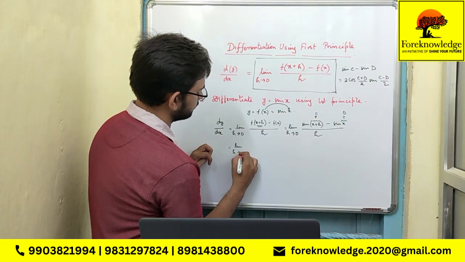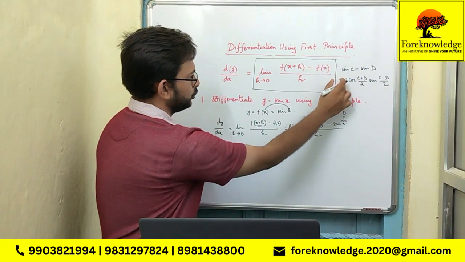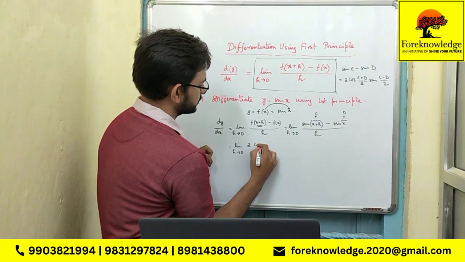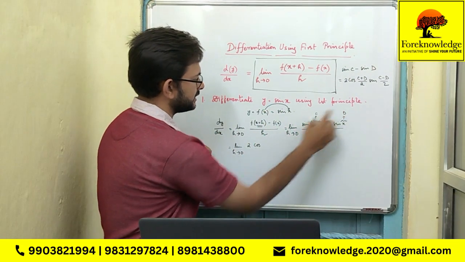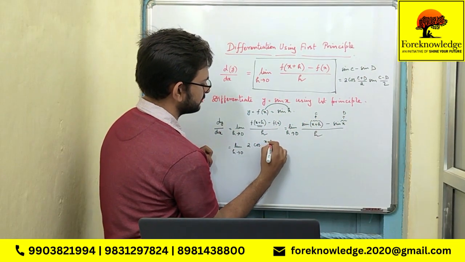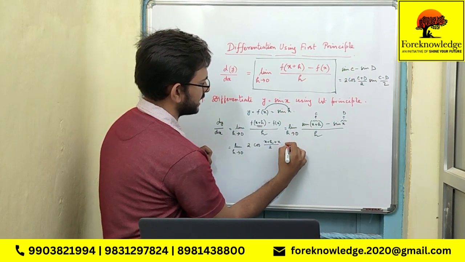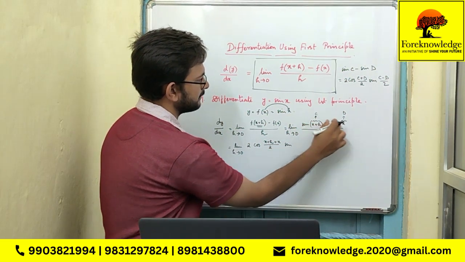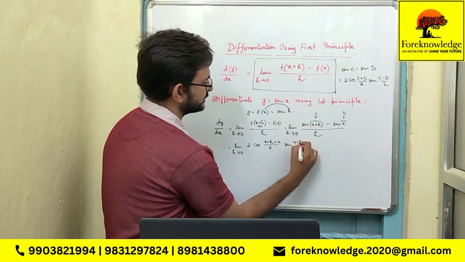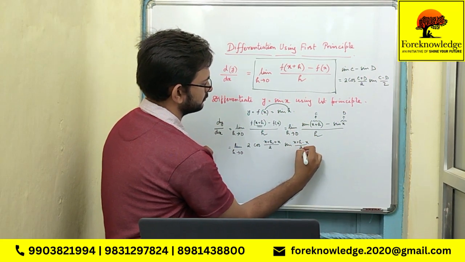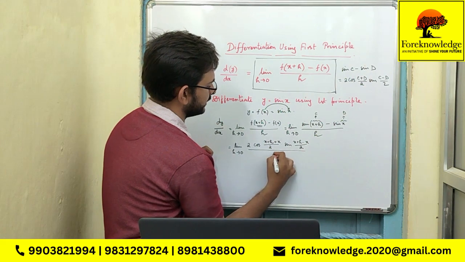limit h tends to 0, 2 cos (c plus d)/2, that means (x plus h plus x)/2, into sine (c minus d)/2, that is (x plus h minus x)/2, whole divided by h.